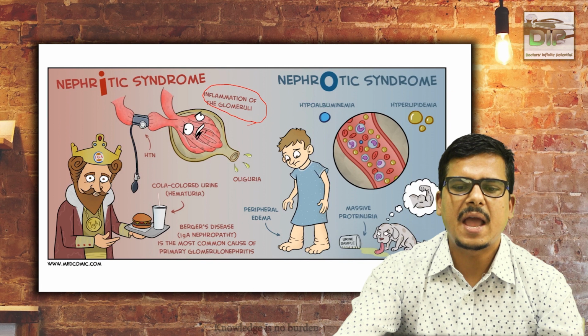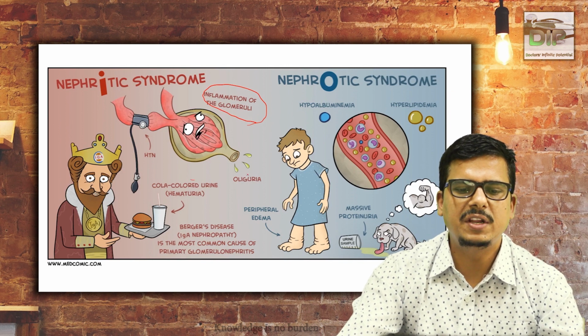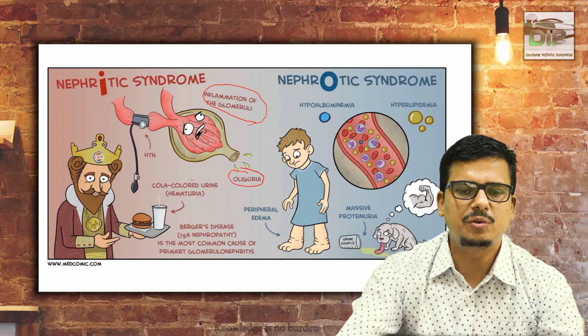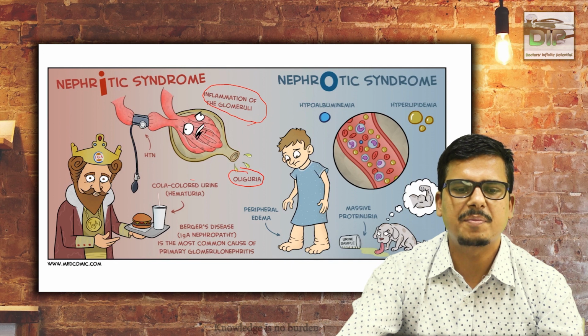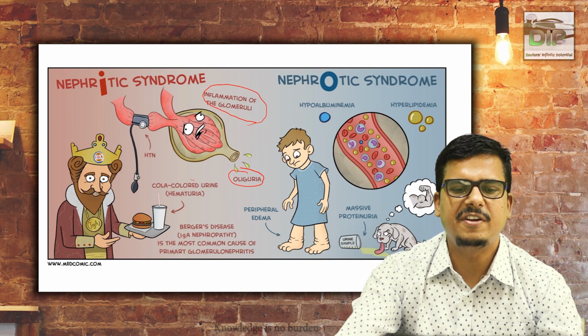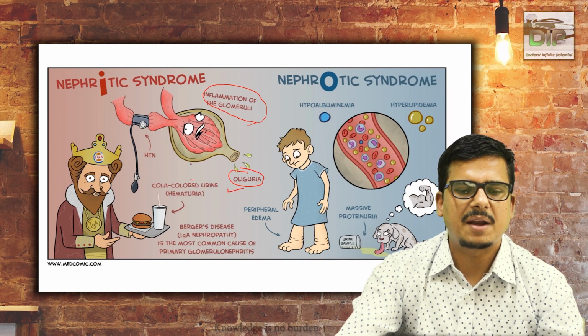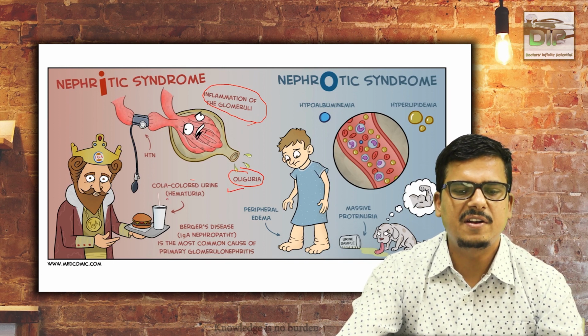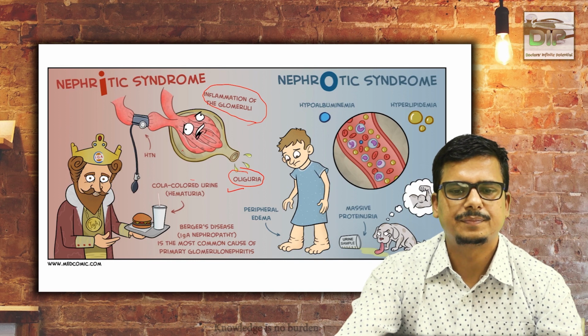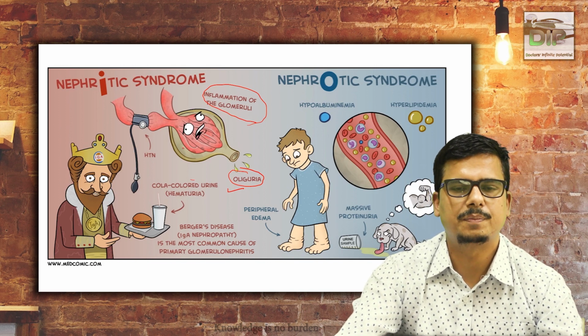Besides the proteinuria and those features, we will also see oliguria, because due to the inflammation the capillaries become congested, and the filtration becomes less, so that leads to oliguria. Similarly, RBCs also leak into the filtrate, and that leads to hematuria. So this is nephritic and nephrotic syndrome.